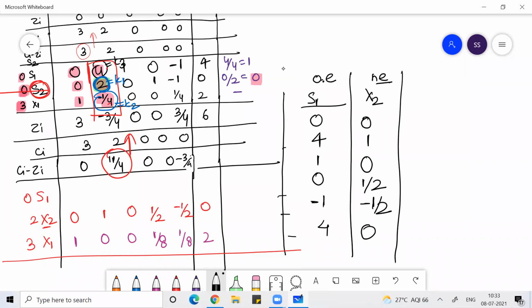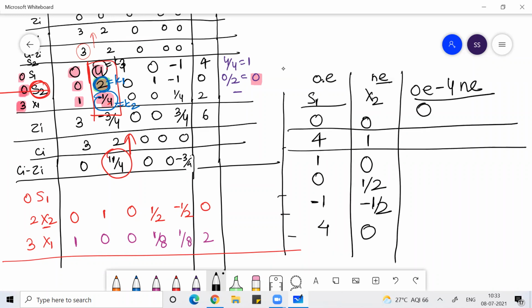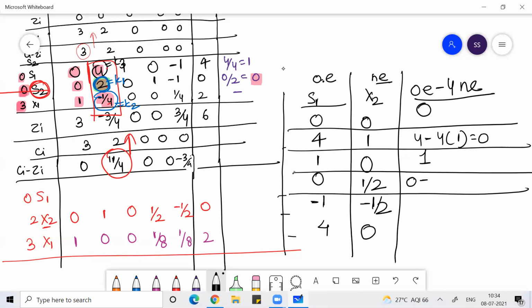And the constant here is 4. So you can use the formula: old element minus 4 into new element. This will be 0 only. 4 minus 4 into 1. And this will be 1 only, because this is 0 this side. This is 0 minus 4 into 1 by 2. This would be minus 2.